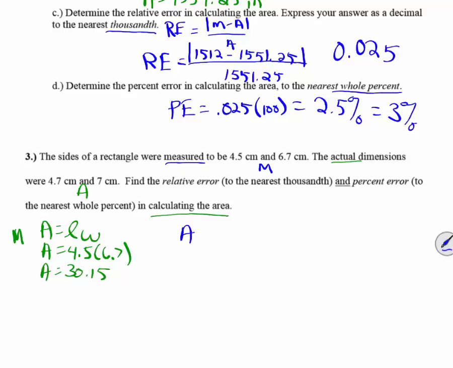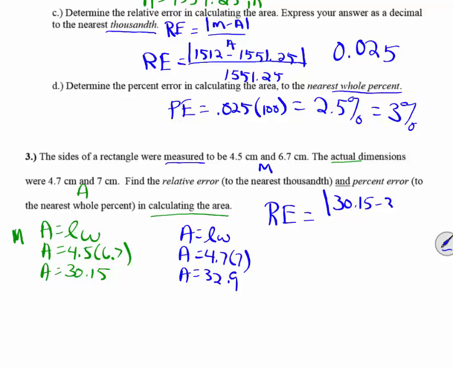The actual, I shouldn't have switched color, sorry. 4.7 times 7, which is 32.9. So now we want to find our relative error. All right, so we're going to subtract 30.15 minus 32.9 divided by 32.9.